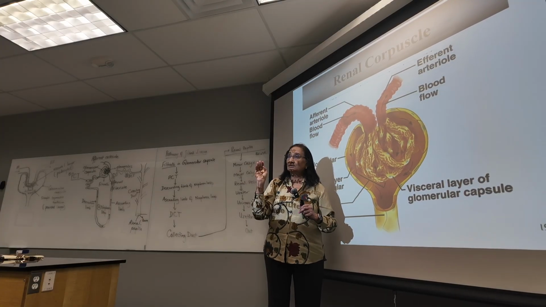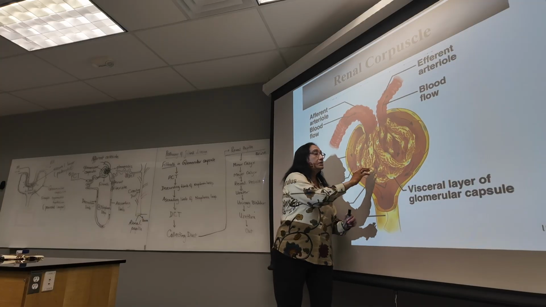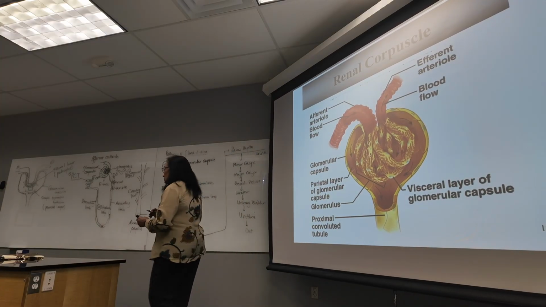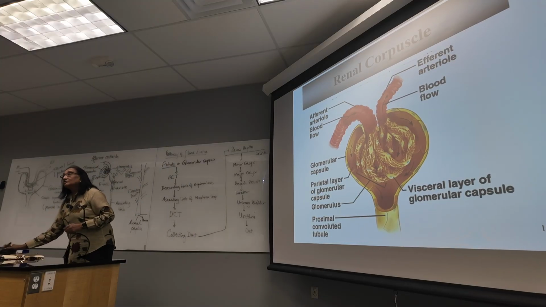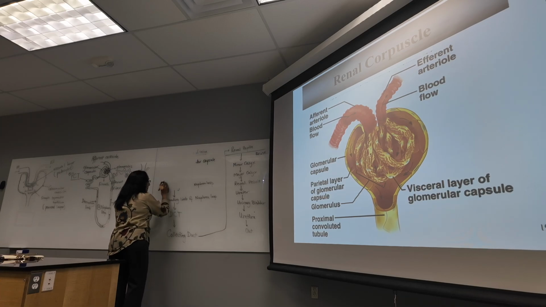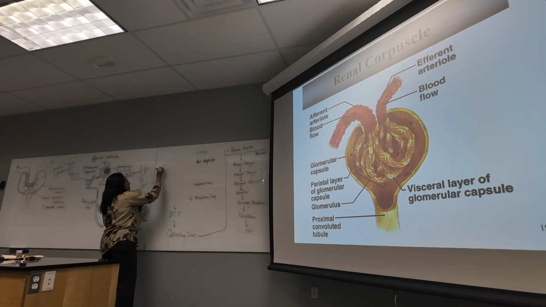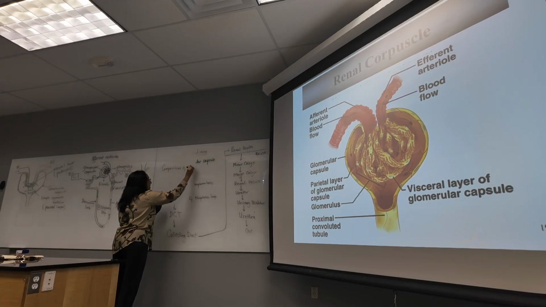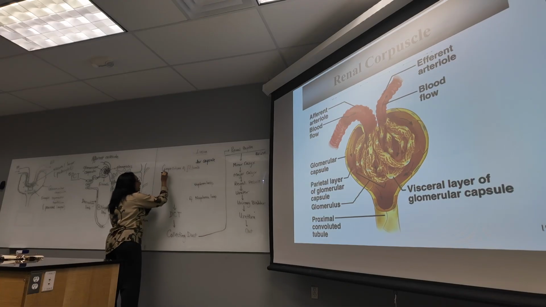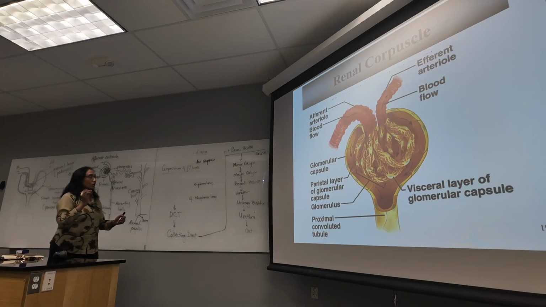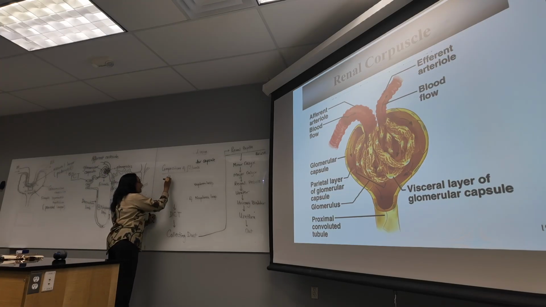Anything that is big will be prevented from coming out through those openings. So what is the composition of the filtrate? Obviously, the first thing is water. Water being a small molecule will come out.